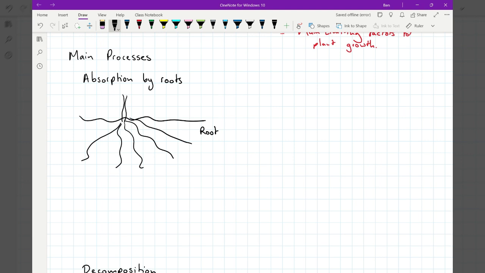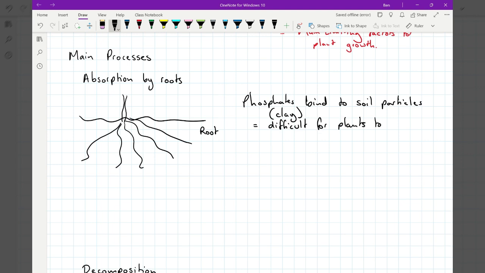Plant roots are not much good at extracting phosphates from soil because phosphates bind to soil very easily, things like clay particles. So this means it's difficult for plants to access.